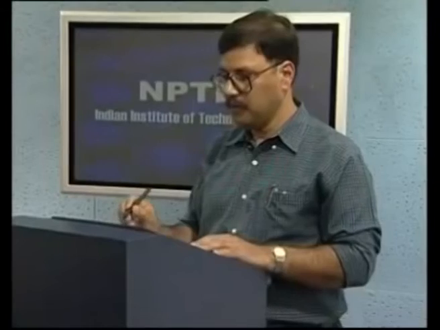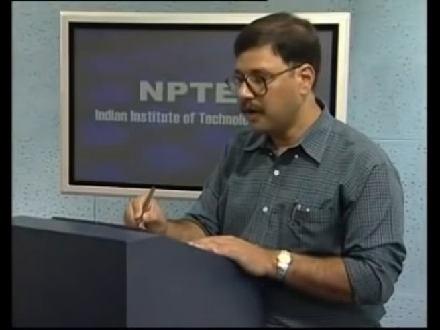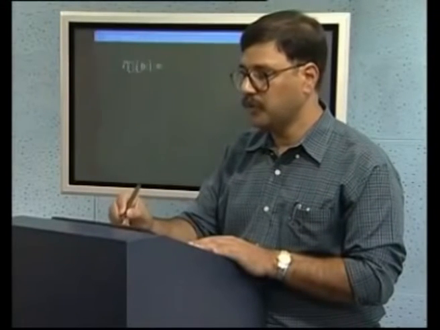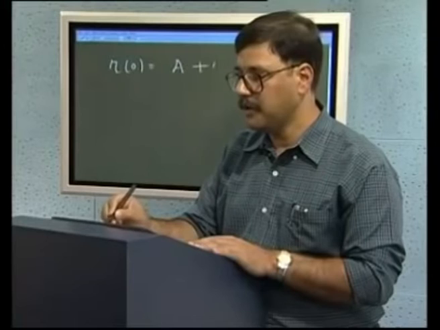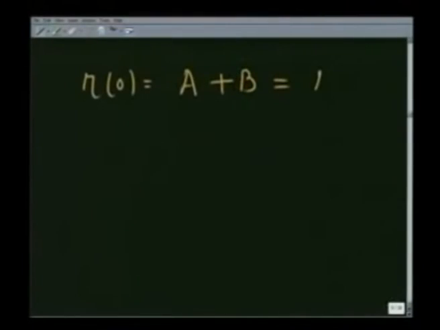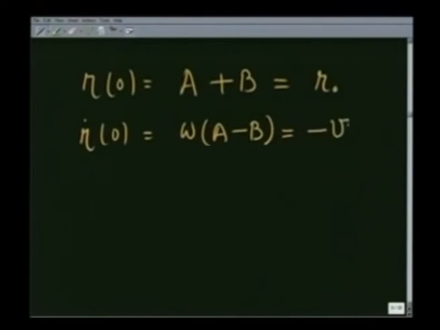Let us see that. I am given that r at 0, which is going to be a plus b, is equal to r0. I have already calculated r dot, and at 0 this is going to be omega (a minus b), and I want to have velocity going in, so minus V0.